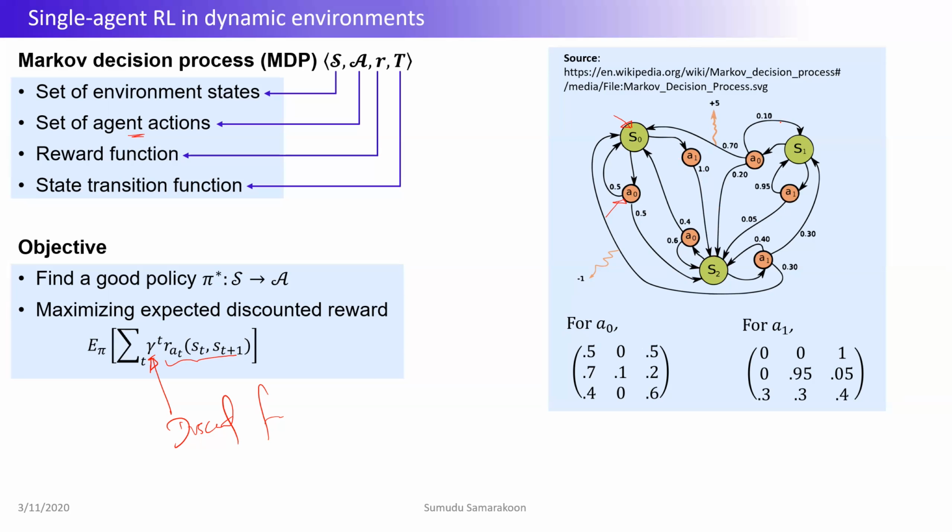Now you can notice that in state 1, again, the agent has the same two choices, but these two choices result in different probabilities of reaching certain environment states, right? It is not similar to this one. And this orange curve shows the reward.